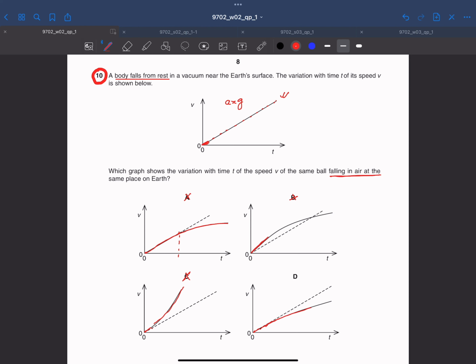This is very important, and this will come very soon after just a few seconds. The velocity will increase but with a decreasing rate. Here you have the decreasing rate, but in this case this part is a big part and this will not happen in case of air. So your choice will be D. So this is what we have as far as question number 10 of your October November 2 is concerned.